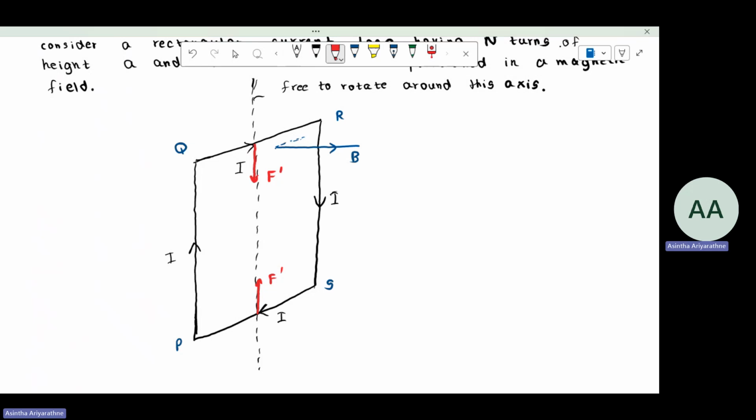But then let's consider the RS segment and apply the left-hand rule.